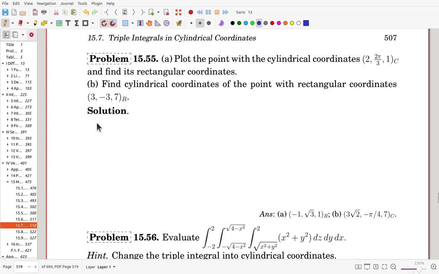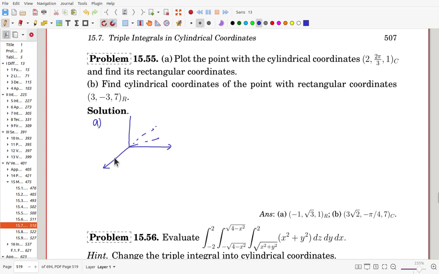That's part A. Here we have (r, theta, z) with r equal to 2 in the xy direction, and the angle is 2 pi over 3, so it is in the negative x direction, rotating up to this point.